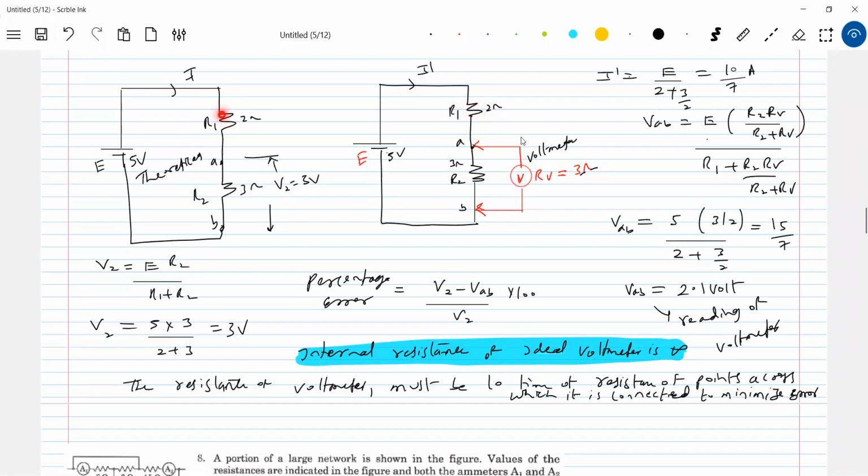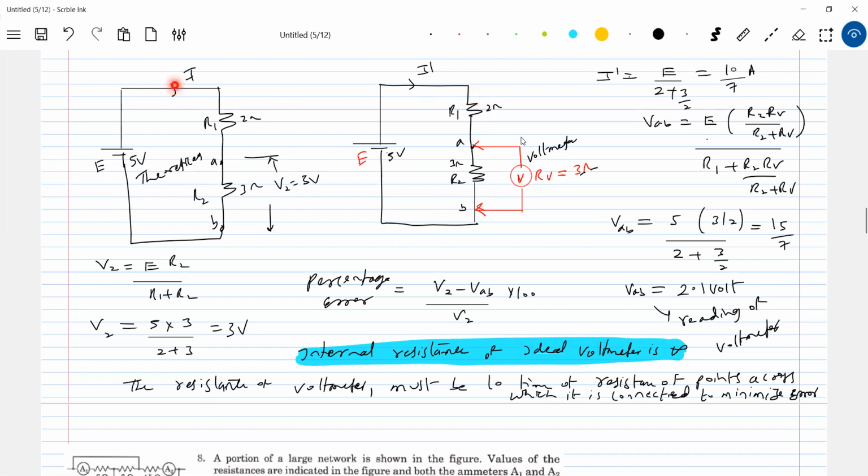Yes, now this is the maximum power dissipation. Let's assume that across 2 ohm, the power dissipation is maximum, just around the maximum. The moment we connect the voltmeter, what will happen to the resistance? Earlier it was 3 ohm, now it has become 1.5 ohm. Then the total resistance of the circuit will decrease, so the current will increase.